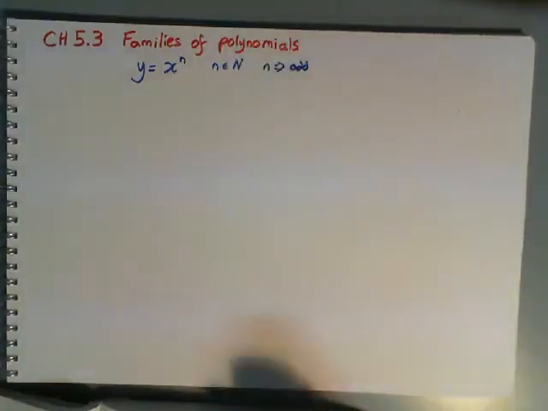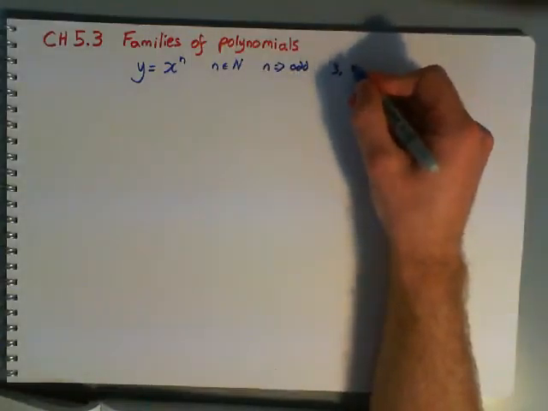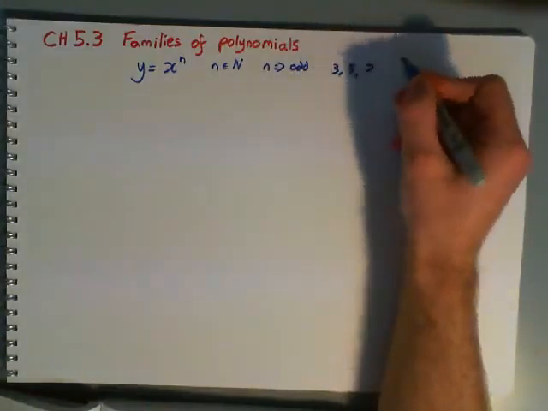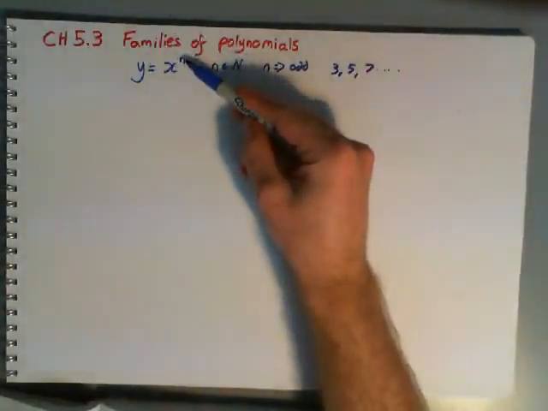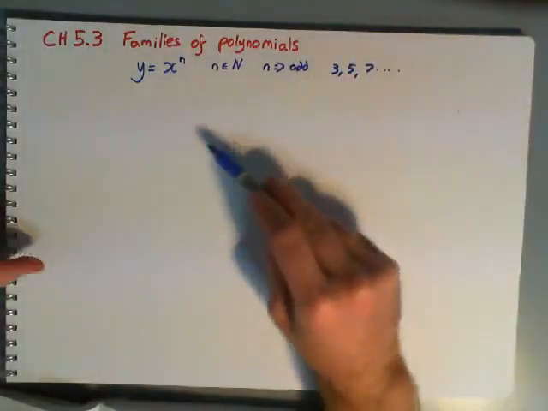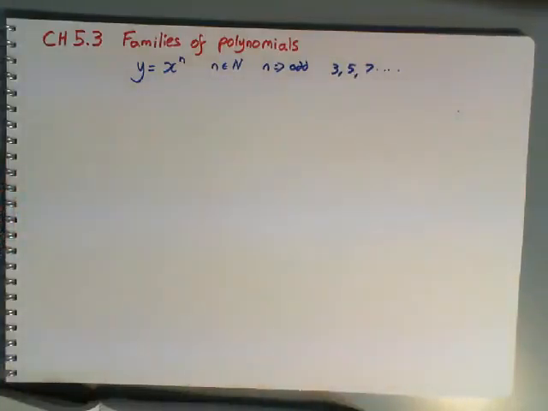So just the odd numbers, 3, 5, 7, etc. We use n to describe these numbers, depending on what number we want. Just considering shapes with power degree n, where n is odd, we get some similarities between them.